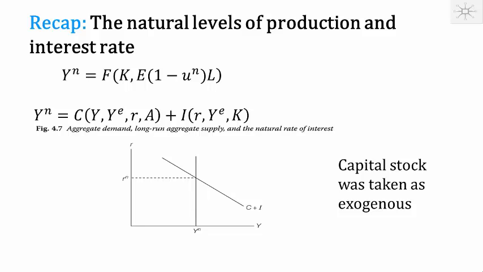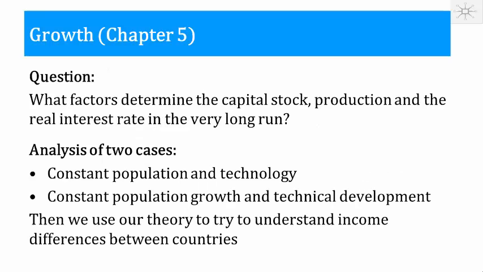What we do in this chapter is allow the capital stock to change over time and see what happens to income in the long run as the capital stock changes. So the question is, what factors determine the capital stock, production, and the real interest rate in the very long run?